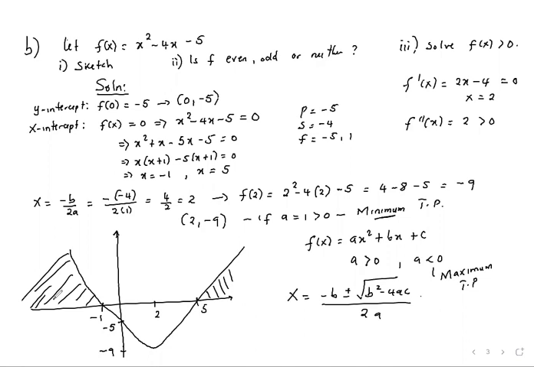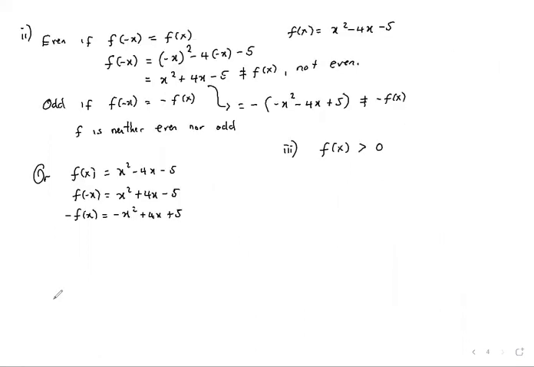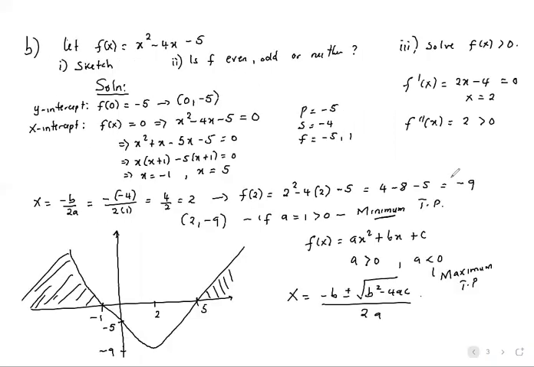For which values of x? From negative infinity all the way up to negative 1, union from 5 all the way up to positive infinity. As you can see, from 5 going this side, the function will be above the x-axis.